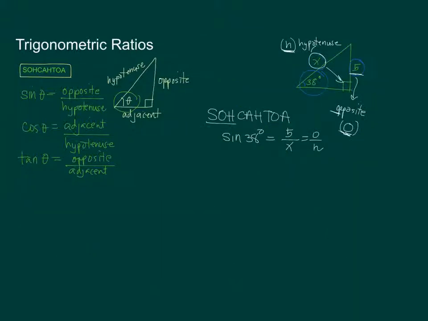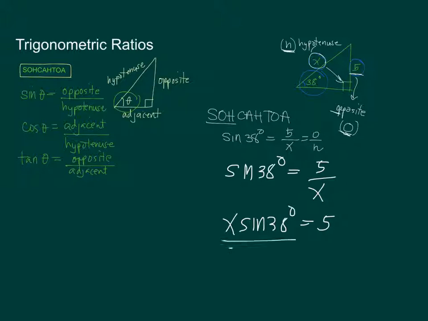After that, all you have to do is solve the equation. So sine 38 degrees equals 5 over x, which means x sine 38 degrees is equal to 5. To solve for x, we divide both sides by sine 38.